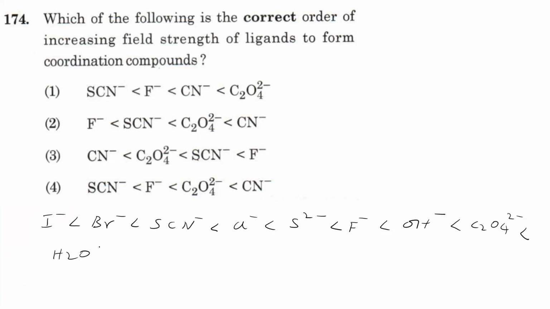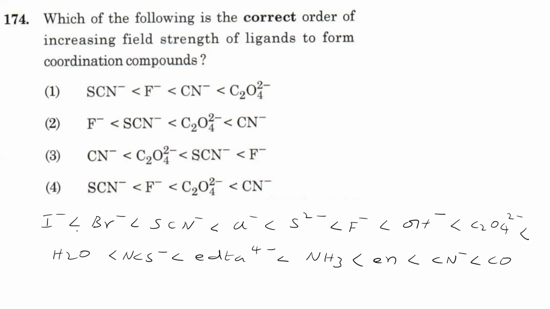Now the left side of water is weak field ligands. Now right side: NCS-, EDTA 4-, then NH3, ethylenediamine, then cyanide, then carbon monoxide. This is the order of ligand field strength.